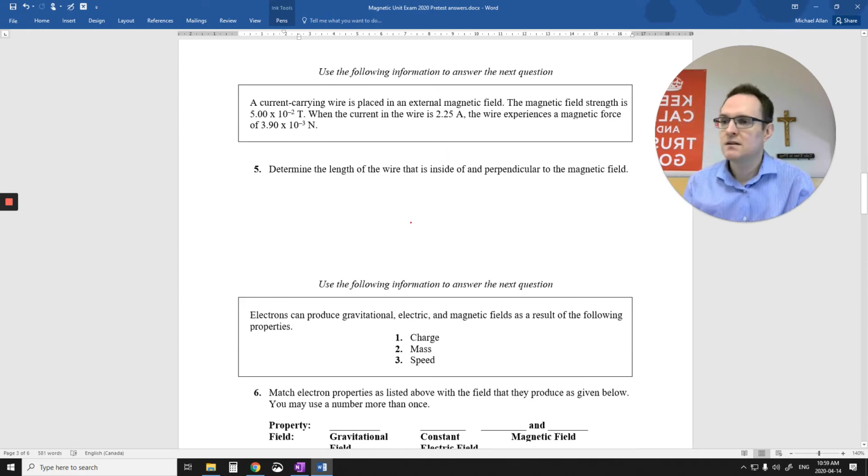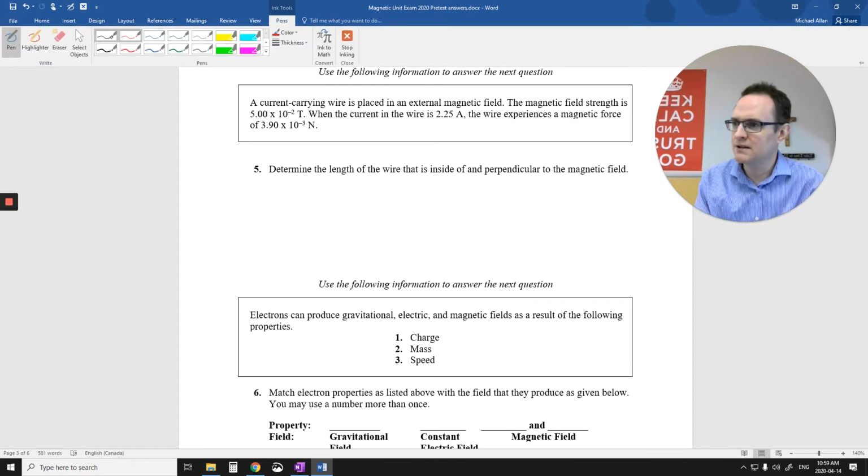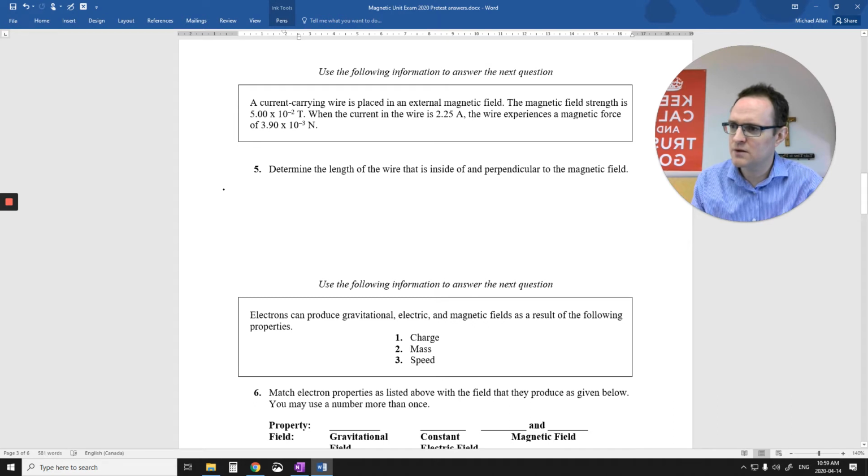Okay. A current carrying wire is placed in an external magnetic field. They give us the magnetic field strength, 5 times 10 to the negative 2 Teslas. The current, so I'm just going to write some of this stuff down in our givens. So we know the magnetic field strength is 5 times 10 to the negative 2 Teslas.